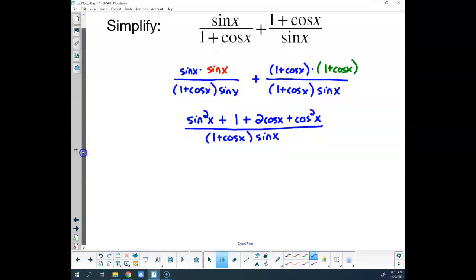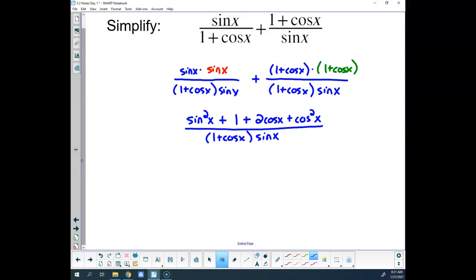Alright? Then what? Cannot, because of the addition symbols on the top. If it were multiplication symbols on the top, yes, the sine on the bottom would cancel out one of the sines on the top.